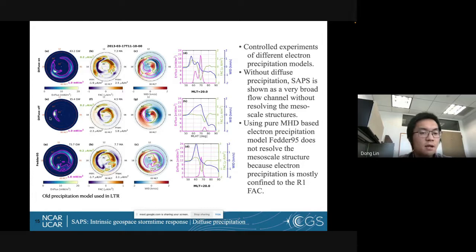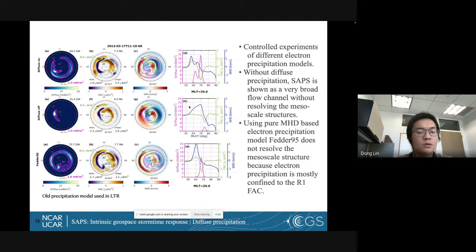Another controlled experiment is here. If we fully turn off the diffuse precipitation, which is doable in the simulations, then the entire subauroral flow is just a very broad channel without resolving these mesoscale structures, as you can see in the baseline run.